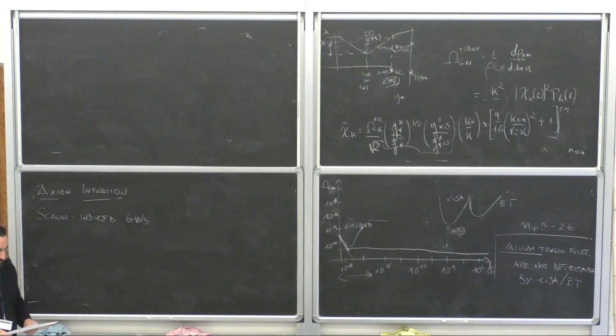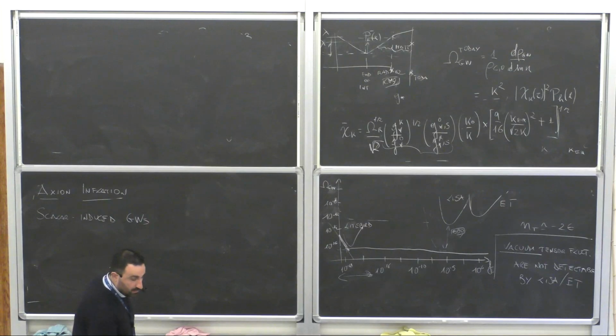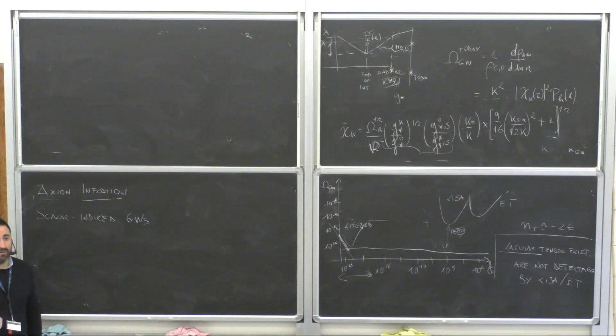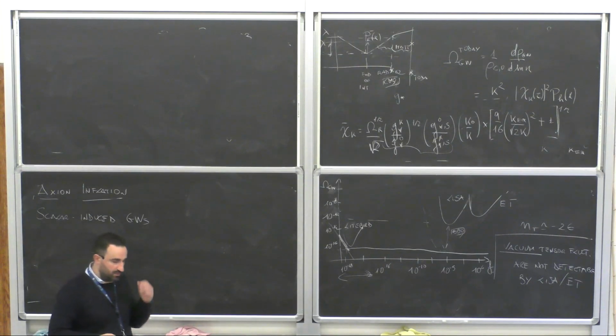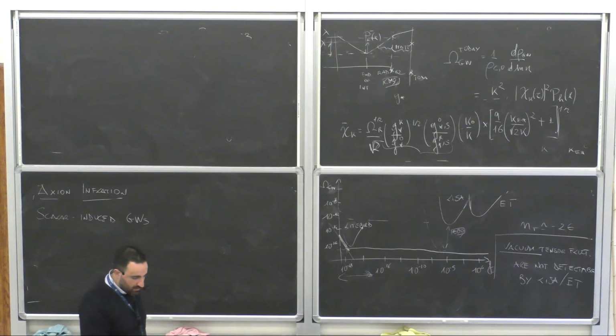So as you know, when we talk about inflation, we assume that our potential is very flat, right? Your inflaton moves along this quite flat potential. This is reflected in the slow-roll parameters, right?